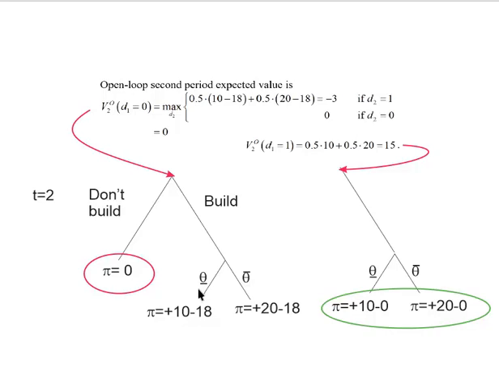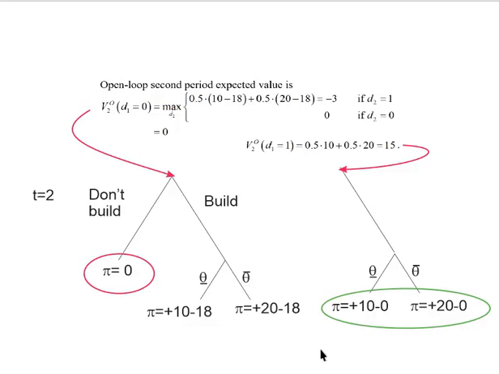If we assume a 50-50 chance of theta lower bar or theta upper bar, it's clearly better to choose to not build. So the open loop optimal choice in period 2 is to not build, with a payoff of 0.